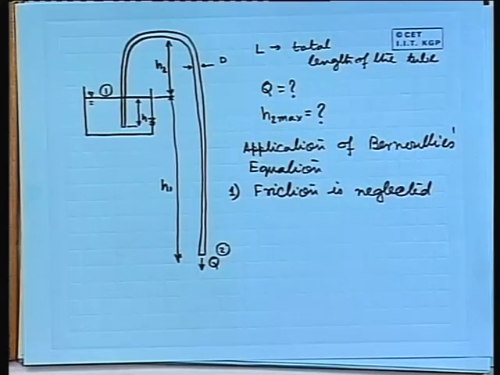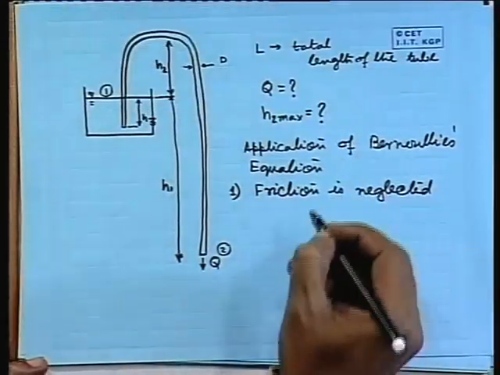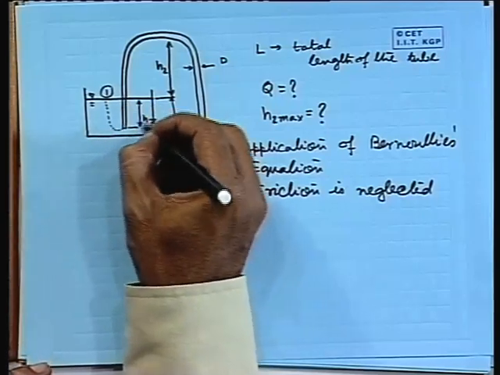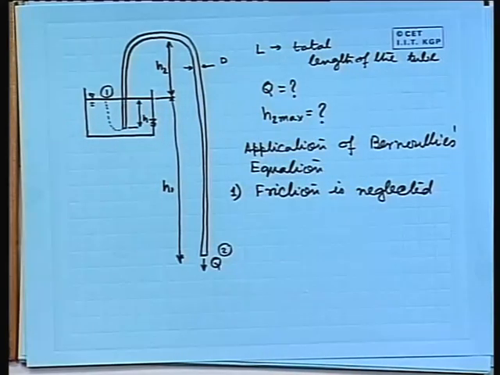When I am applying it between point 1 and point 2, mentally I am thinking, though I can write it here also, that there is some sort of an arbitrary streamline going from point 1 to point 2. That is what I am thinking.